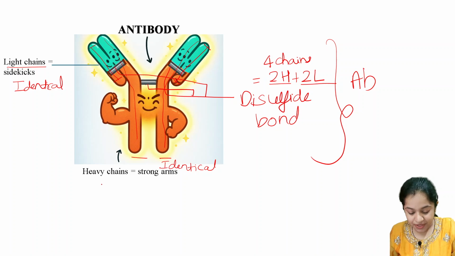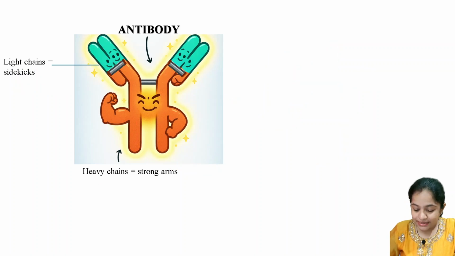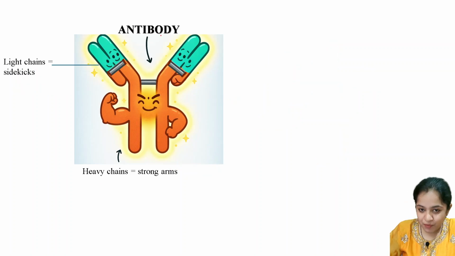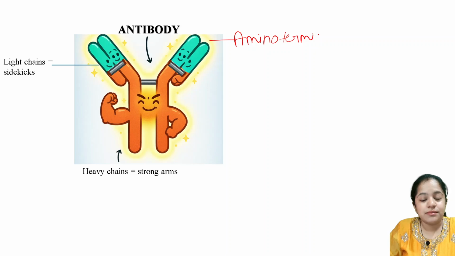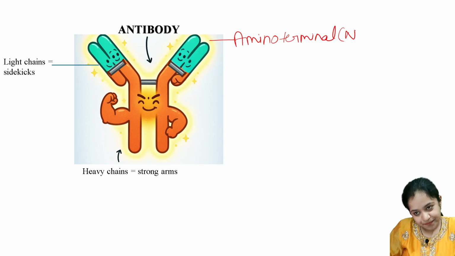Clear? Now apart from these, each chain of your heavy and light chain ends at the upper end as the amino terminal, okay. This is the amino terminal, NH3. Both heavy and light will have NH3.